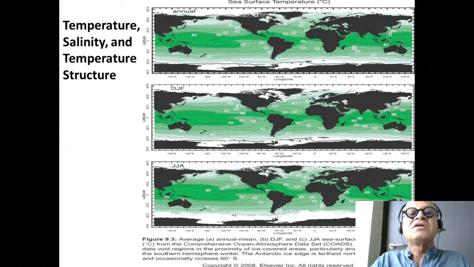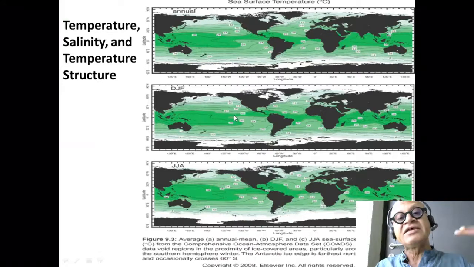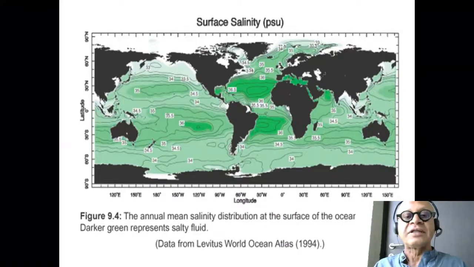What does that mean? For mass continuity, obviously you have to bring up water from below, and water below is colder. So we have what is called upwelling, and as the ITCZ had a seasonality, the trade winds also have a seasonality. So the colder temperatures are going to occur when the upwelling is maximum. Okay, so we'll look at those details later on.